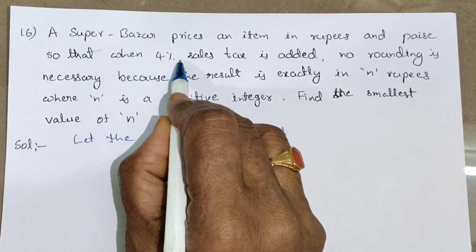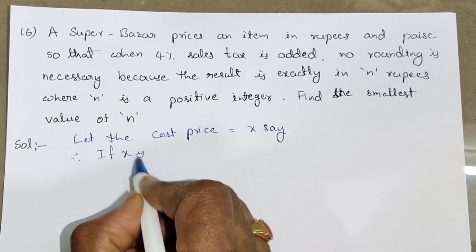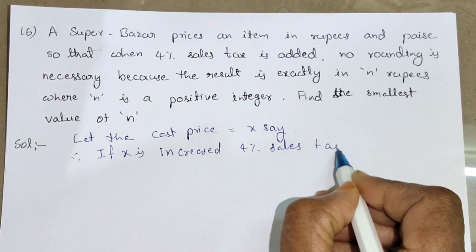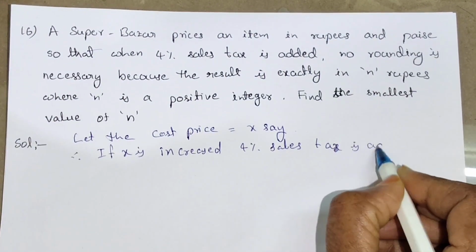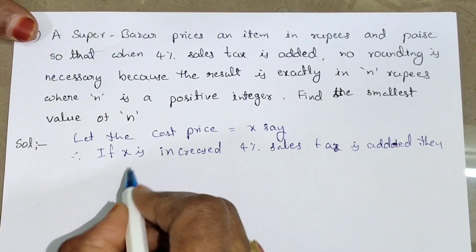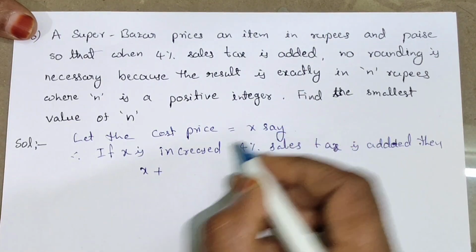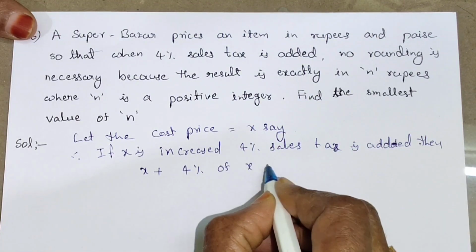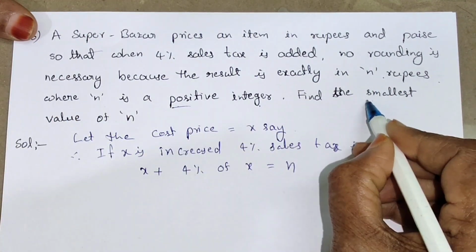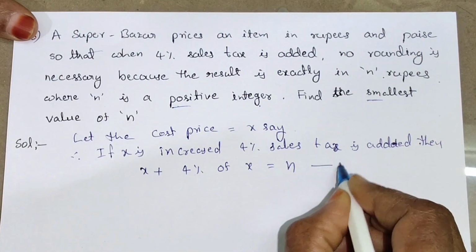When 4% sales tax is added, we write x plus 4% of x, which is equal to n rupees, where n is a positive integer and the smallest value. So x plus 4% of x equals n. This is equation 1.